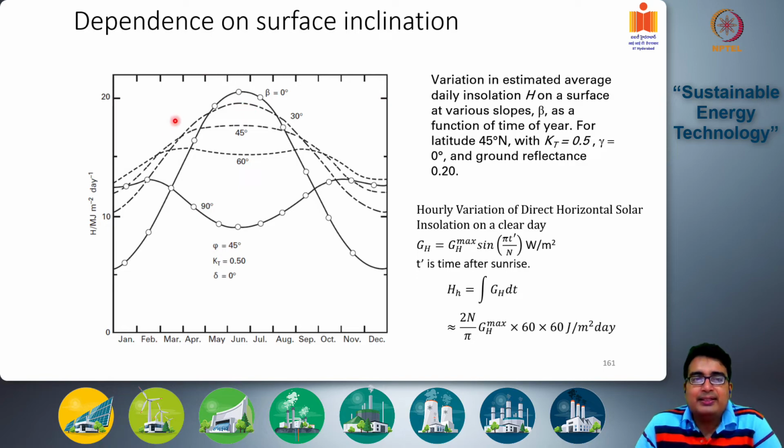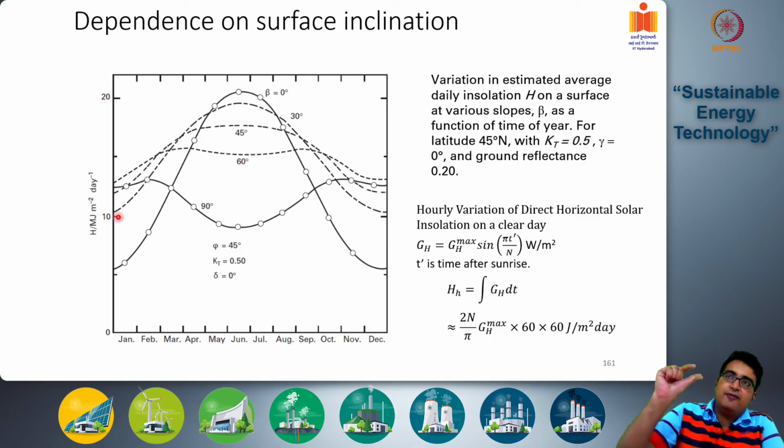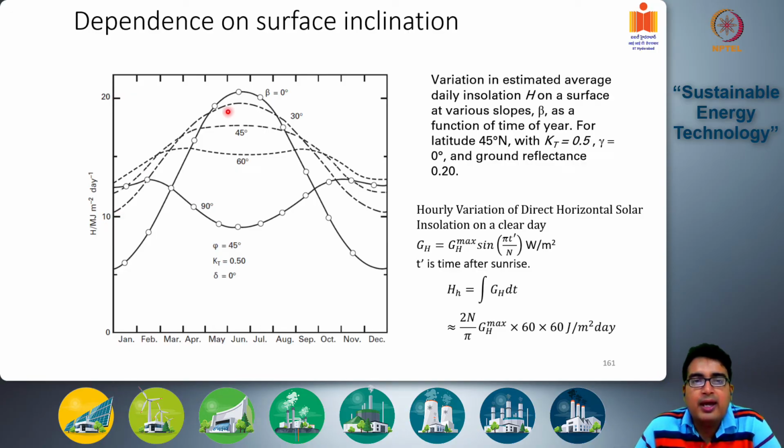At 30 degrees, this difference is changing. You can see the maxima has decreased to somewhere around 18, and the minima has increased to around 11. So that difference in the energy being collected has changed significantly. Also, the total energy is basically the area under this curve, and you see the total energy being collected has also increased significantly because this additional area has been added and this small area has been removed.